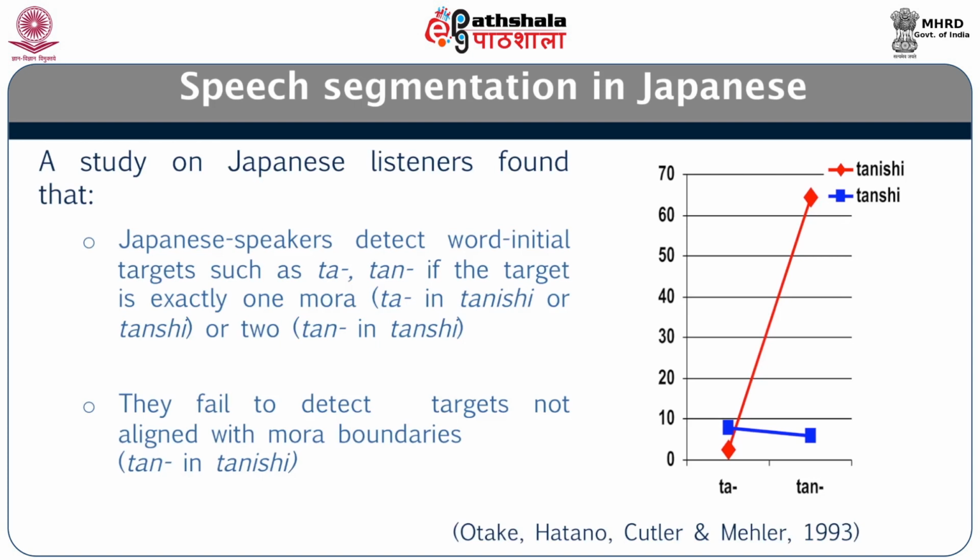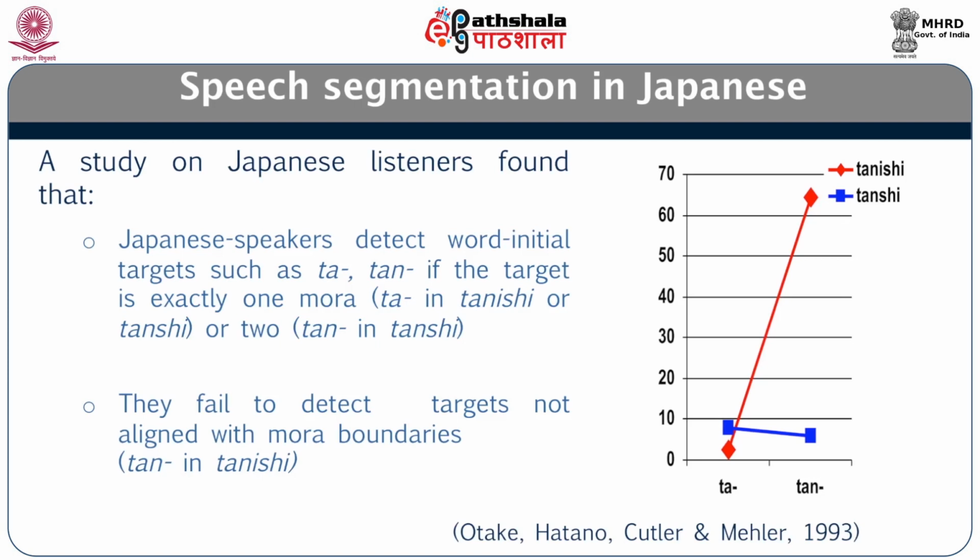But a word like tanishi has 3 syllables, ta, ni, shi, and 3 moras, ta, ni, and shi. They had to listen for tan and ta in these 2 words, and they found it very easy to hear ta and tan in tanshi and tanishi, but they had problems listening to tan in tanishi.